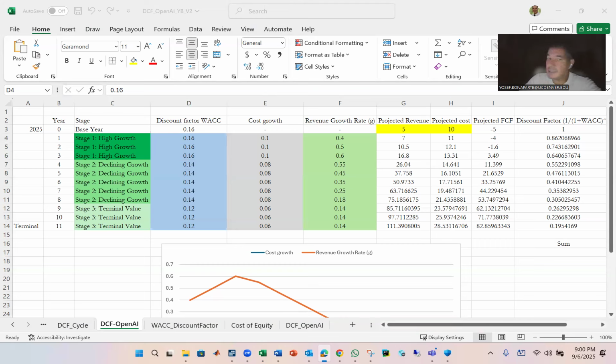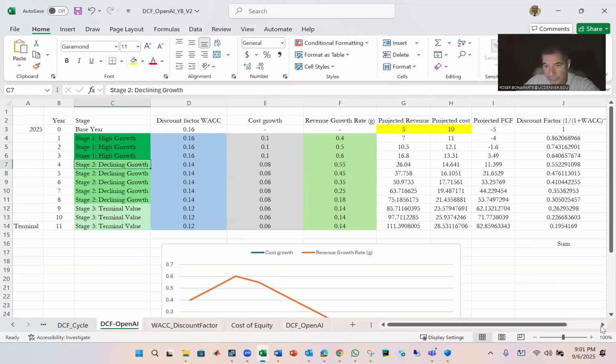And then they give me some ideas, and I found 16 is the one most relevant to them. So they said from 12 to 18, I use 16. But from there, I'm going to go down because from stage one to stage two, there is more clarity. So the uncertainty declines.